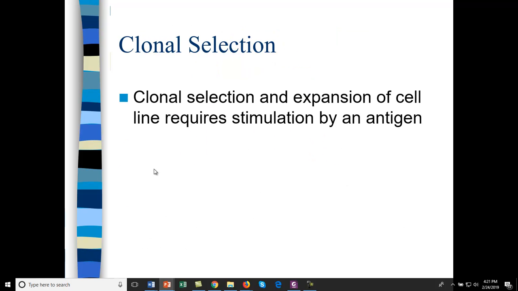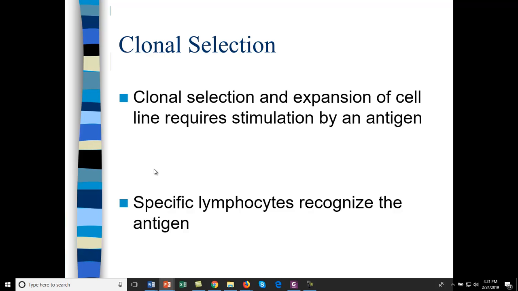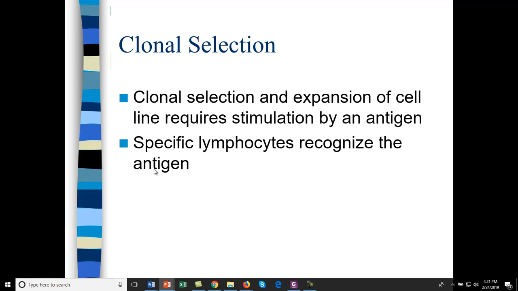In clonal selection, you have to be stimulated by an antigen. So a pathogen has to hit the body, with an antigen on the pathogen stimulating the T helper cell, and it can stimulate the B cell as well. Okay, and then specific lymphocytes, that's B cells and T cells, recognize the antigen. And they're already pre-programmed.